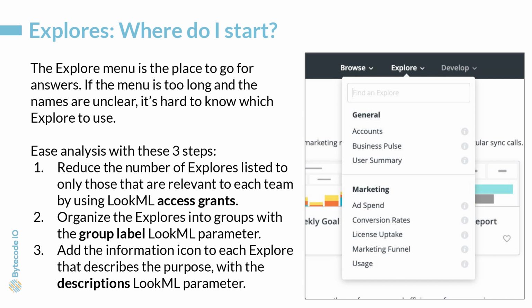You can use this to add a summary of each explore that pops up when you hover over the info icon. All these changes will leave you with a brief and really user-friendly Explore drop-down menu. For a marketing team, that means showing ad spend, conversion rates, and definitely funnel and product usage explores. Really think about each group in your organization and drive to their work function.